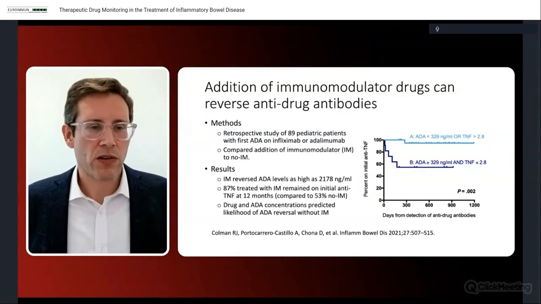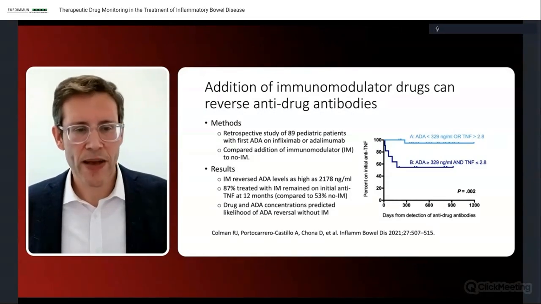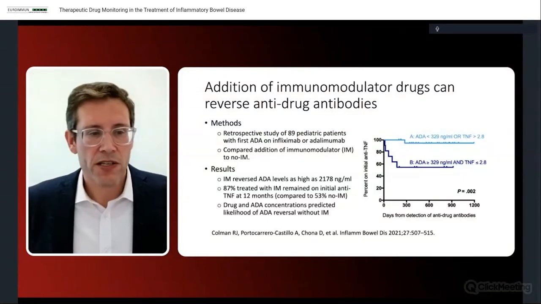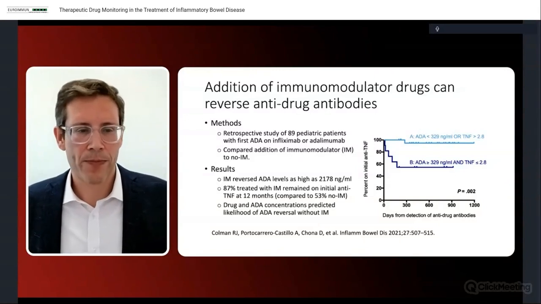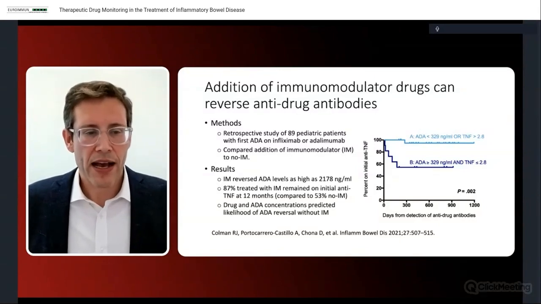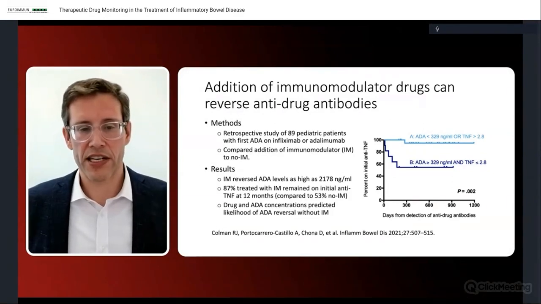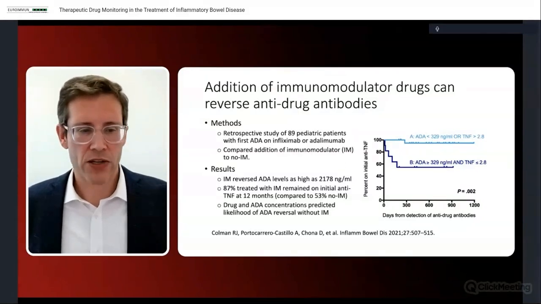So we performed one of the larger cohort studies of this phenomenon. We did a retrospective study of 89 pediatric patients with first development of anti-drug antibodies on infliximab or adalimumab. And we compared courses and outcomes after the addition of an immune modulator drug to those managed without an immune modulator drug.